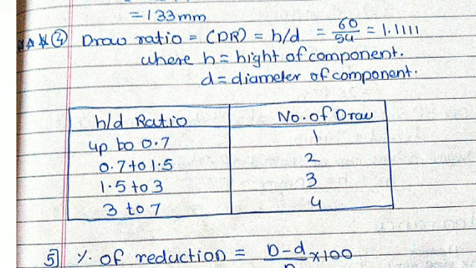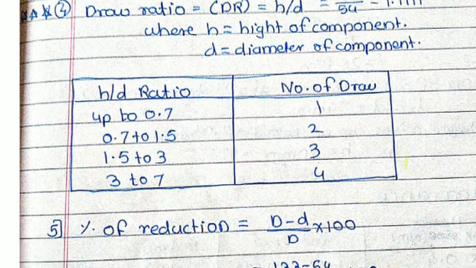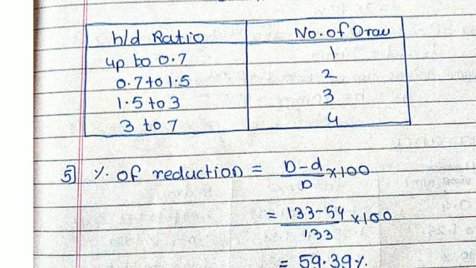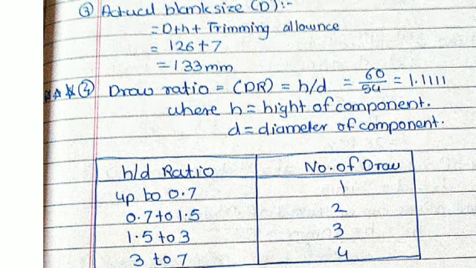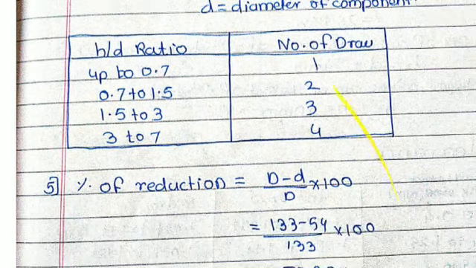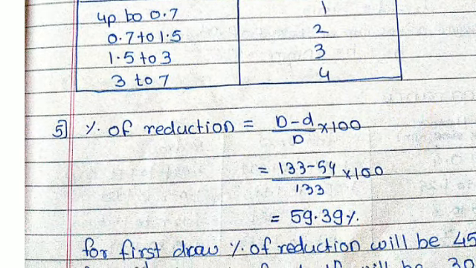Next point is percentage reduction. Percentage reduction is given by the formula: capital D minus small d divided by capital D into 100, in percentage. Capital D we have just calculated, that is 133, and small d is given as 54 millimeters. 133 minus 54 divided by 133 into 100 will come out to be 59.39%.